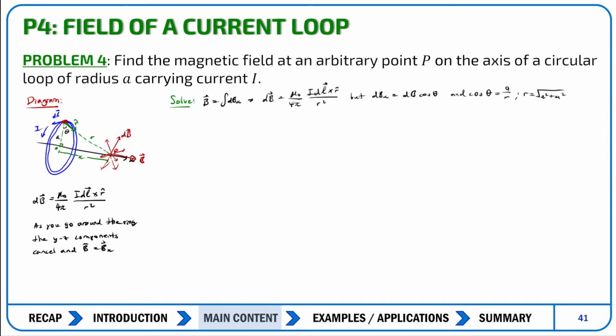So now with that, we should be able to figure out the cross product. So dl crossed with r hat is fairly simple to solve. We know dl is perpendicular to r, so that means we simply have dl r sine of 90. Remember, it's the angle between these two vectors, so it's just dl r times 1.